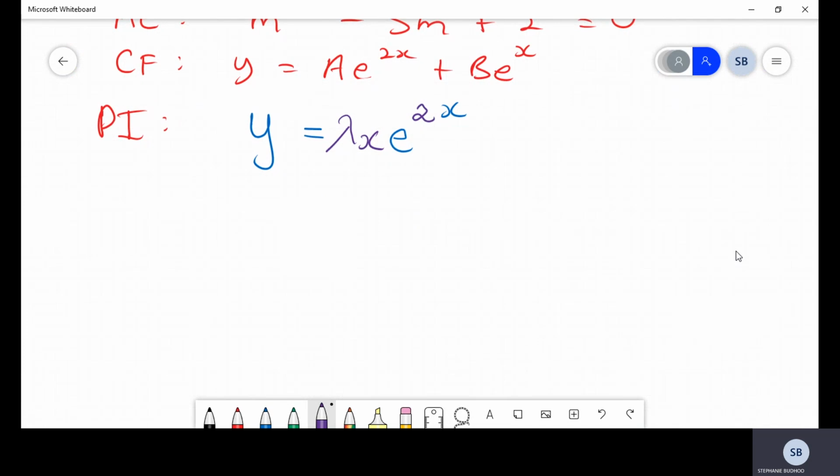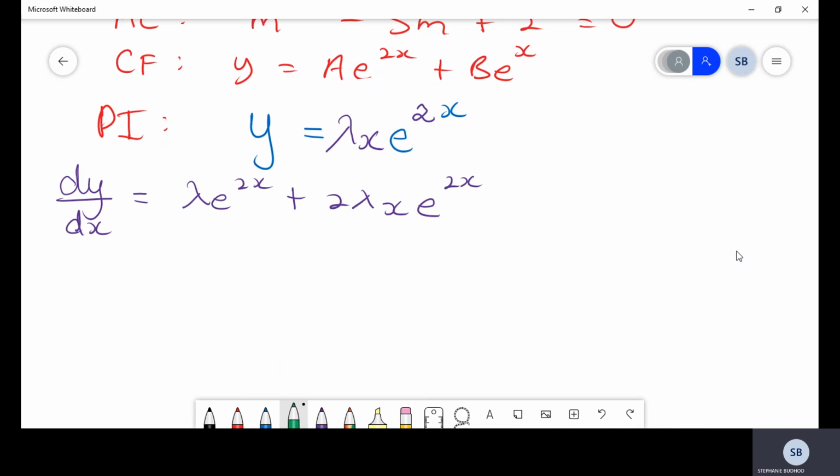Differentiating a first time, we are going to get dy/dx is equal to, I believe, lambda e to the 2x plus 2 lambda x e to the 2x. I'm doing this in my head, so we'll double check in a bit. You can identify that this particular integral is of the form where we have to use the product rule in order to differentiate.